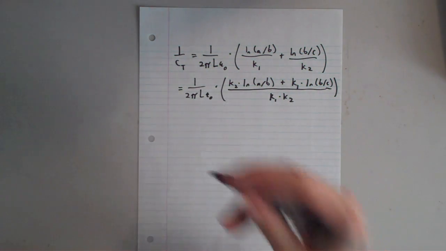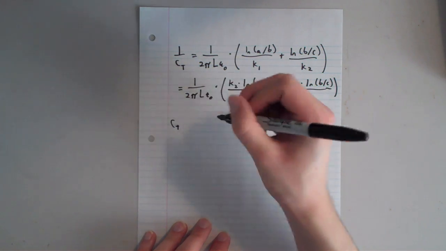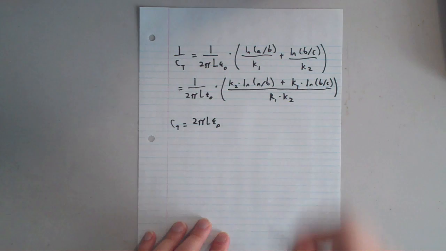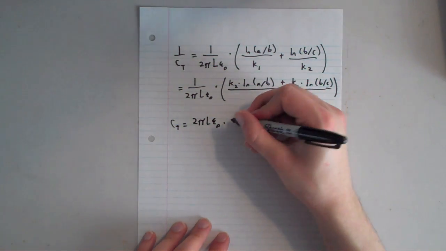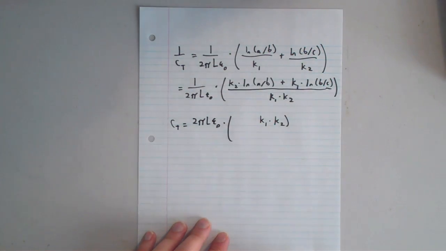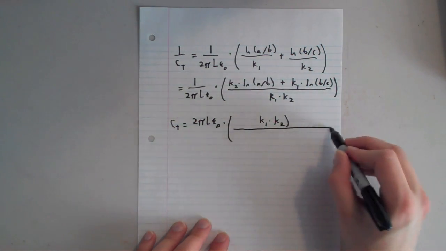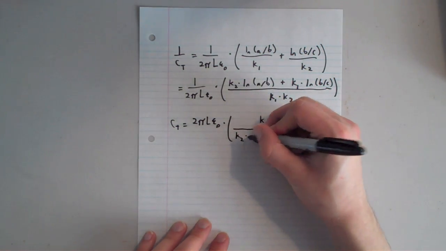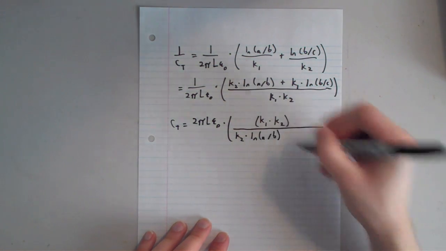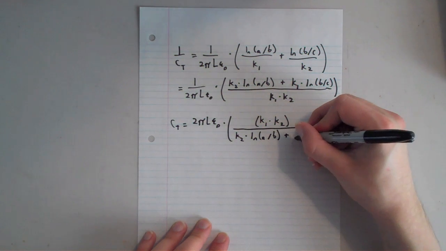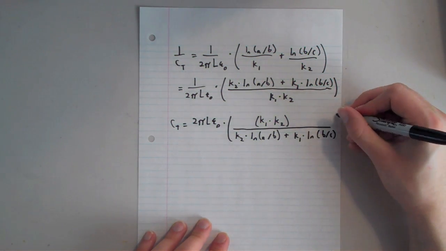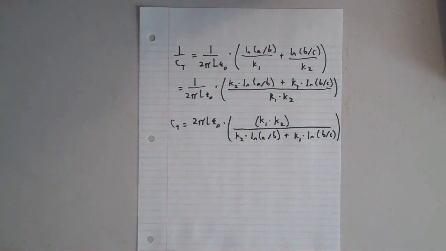So now we're ready to take the reciprocal. We get that the total capacitance is equal to 2 pi L epsilon naught times K1 times K2, divided by K2 times natural log of B over A plus K1 times natural log of C over B. Cool.